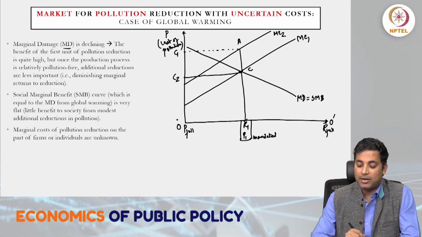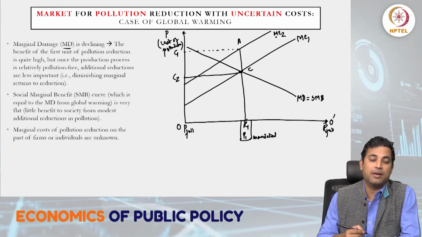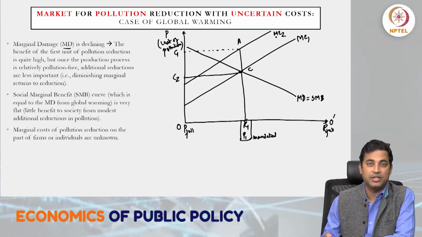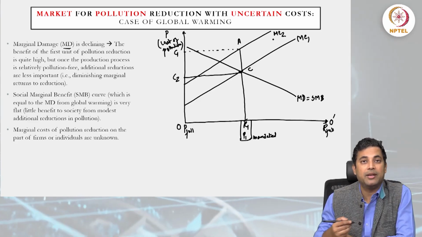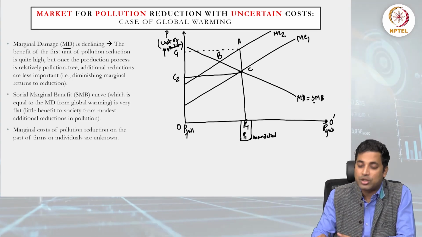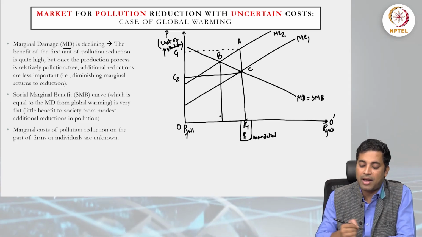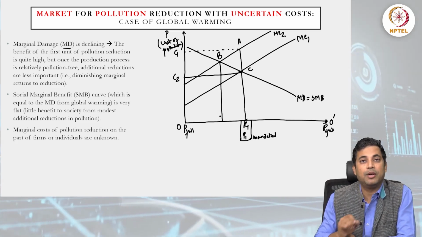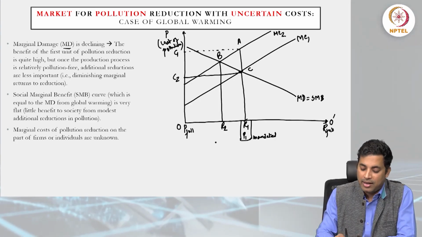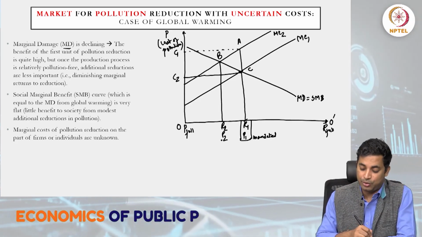Now see MC2, which is the new marginal cost, where the cost incurred is much higher than the initial level, and the MC2 curve is intersecting at point B with social marginal benefit. So the mandated level of pollution reduction is reduced to R2, and the pollution level is increased by P2.